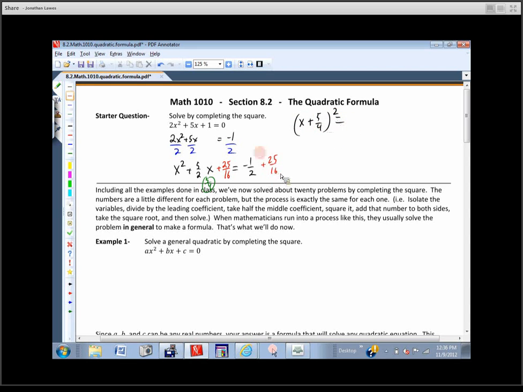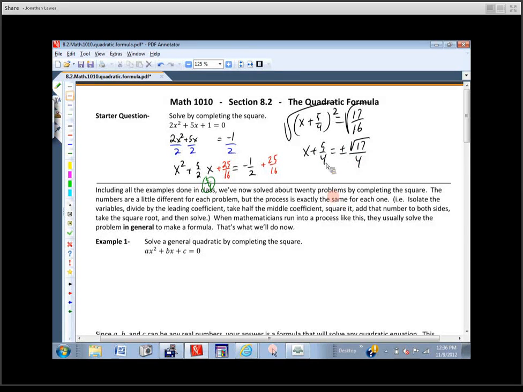And then over here I get a common denominator. So I'd need to multiply by 8. That's going to be a negative 8 plus 25. That's going to give me 17 over 16. And that's not the greatest number because when I take the square root, I get x plus 5/4 equals plus or minus radical 17 over 4. Now this is nice that it turns out to have a common denominator.